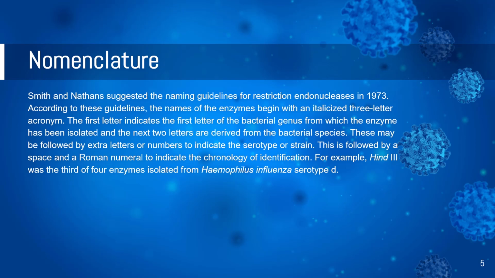These may be followed by extra letters or numbers indicating serotype or strain. This is followed by a space and a Roman numeral to indicate chronology and identification. For example, HindIII was the third of four enzymes isolated from Haemophilus influenzae serotype d.